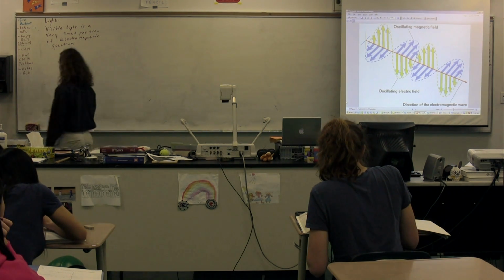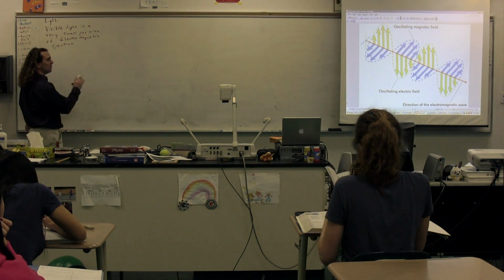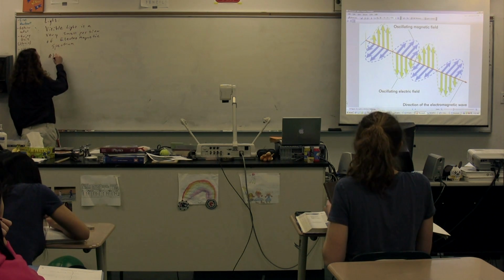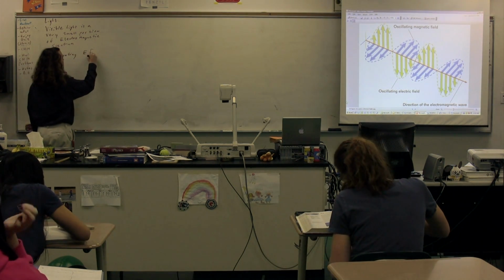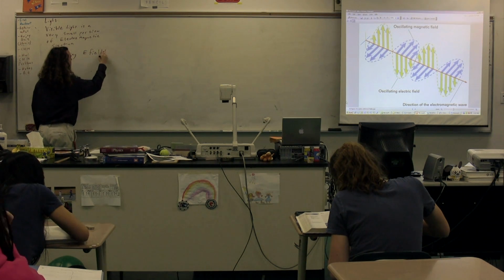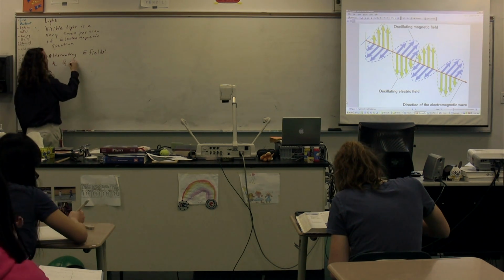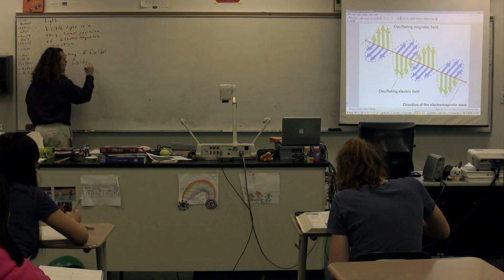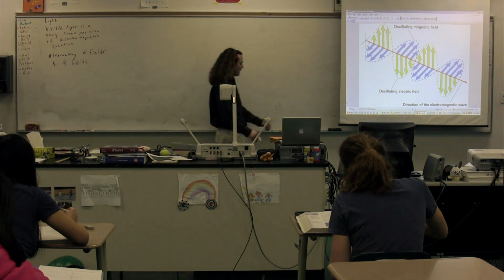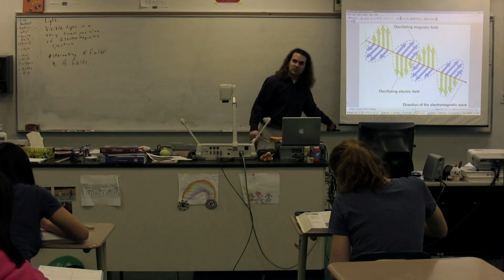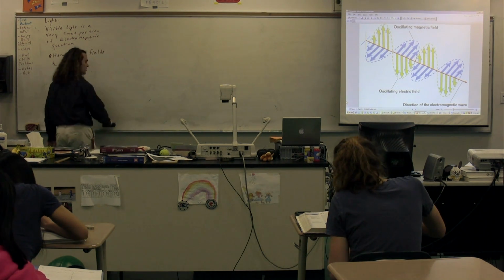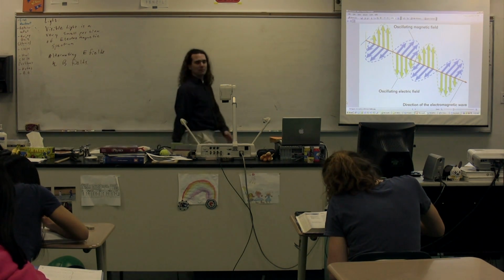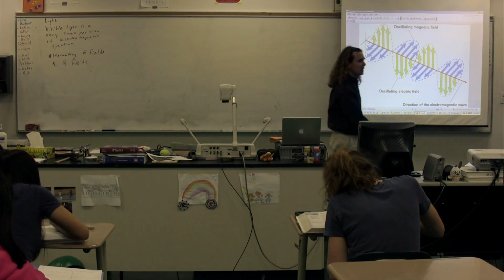So visible light, the electromagnetic spectrum, all of these things are alternating electric fields and magnetic fields. It turns out that a changing electric field creates a changing magnetic field, which creates a changing electric field, which creates a changing magnetic field, and so on and so forth.